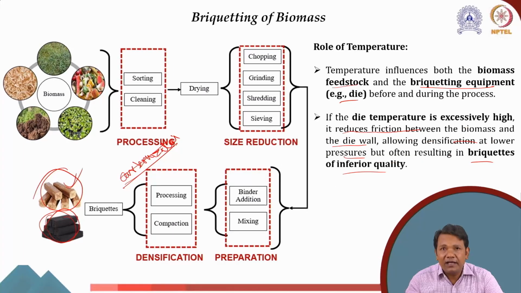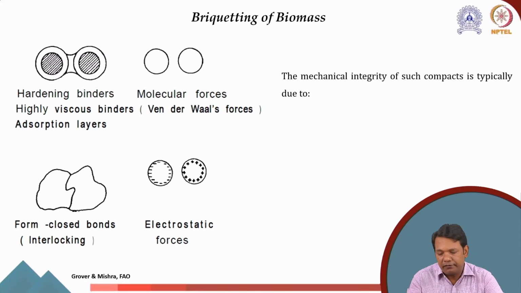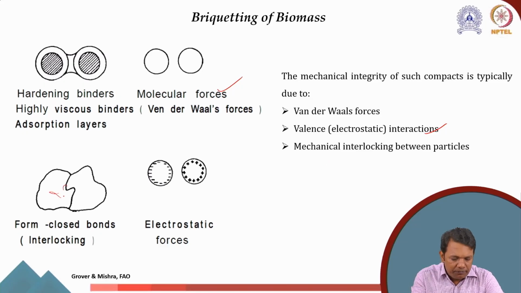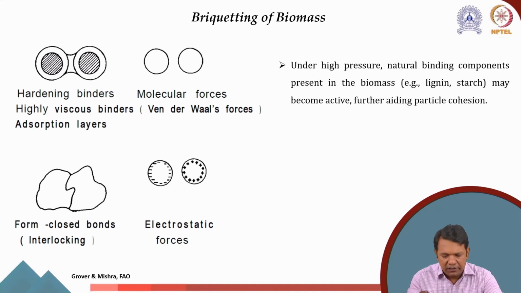When binder is not there, what kind of forces act? These are the forces that act: the van der Waals force, the electrostatic interactions, the mechanical interlocking of the particles which I explained to you, and then there are several other possibilities. These are all non-binder forces.